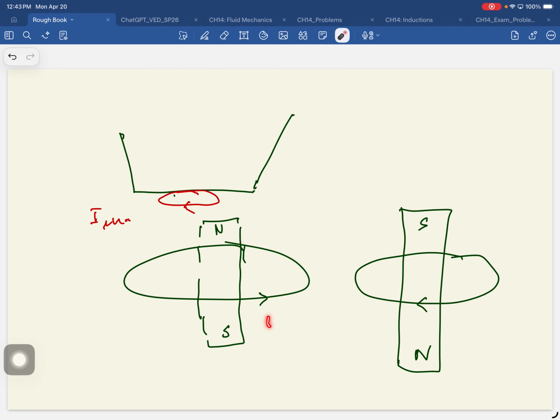So when you apply an AC source to this coil, the changing magnetic field induces a current in the bottom of the pot. And what happens to the current in a resistance? It turns into heat. So all the energy here is transmitted here, and none of the intermediary stuff gets heated up. That's why the induction stove is most efficient. All the energy is transferred directly to the pot.